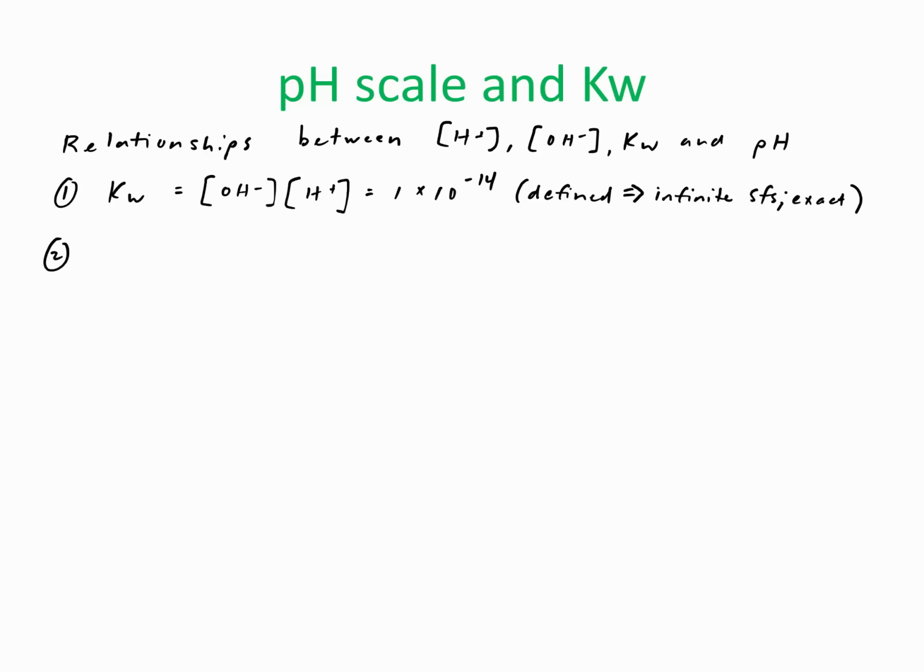Then we have, of course, the pH equation. That's the negative log of the H+ concentration. And we also have pOH. If you take the negative log of the hydroxide concentration, that gives you something called pOH.